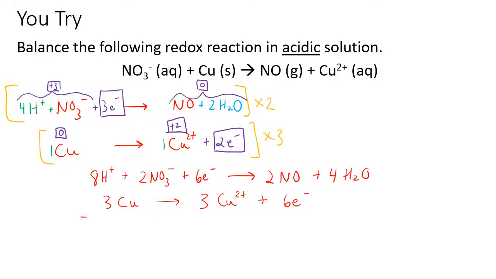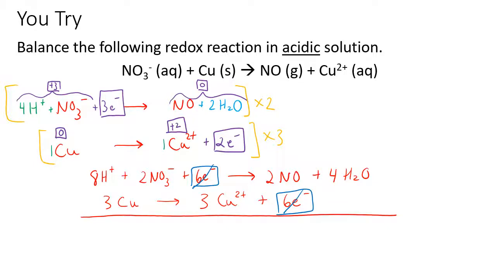Now our electrons gained equal our electrons lost for both of our half reactions, and we can cancel out our electrons. They're on opposite sides of the arrows and they're the same. Adding together our two half reactions gives us 8 H+ plus 2 NO3 minus plus 3 Cu on our reactant side, and on our product side we have 2 NO plus 4 H2O plus 3 Cu2+.